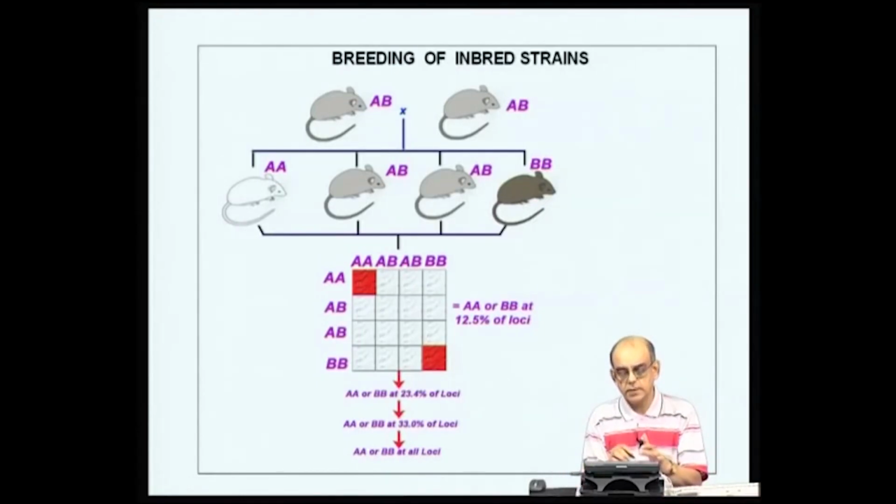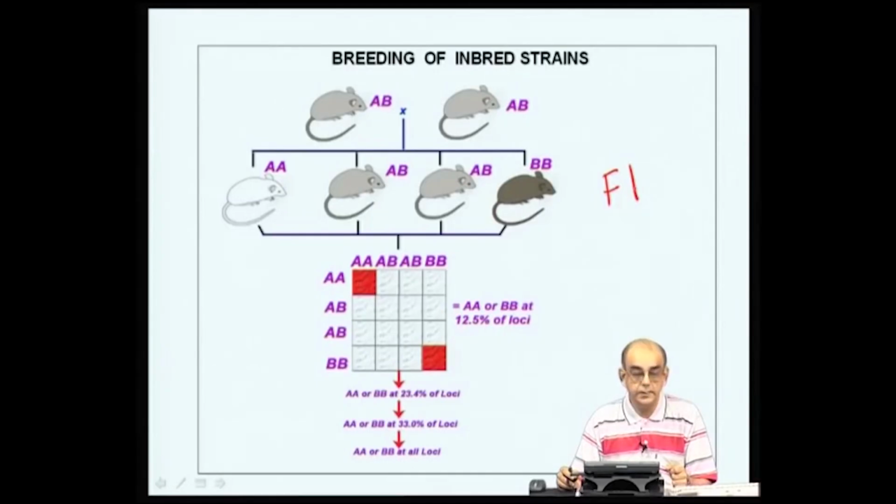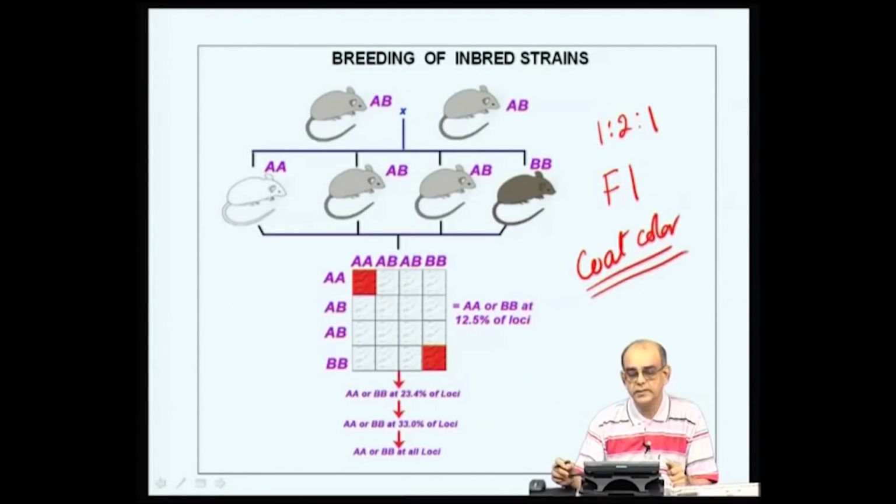So, how was this now? This is actually the F1 generation, and in the F1 you have a ratio of 1:2:1. Now, another important point that one follows in all these breedings is the coat color. All these breedings of inbred strains actually looked at the coat color of these mice.